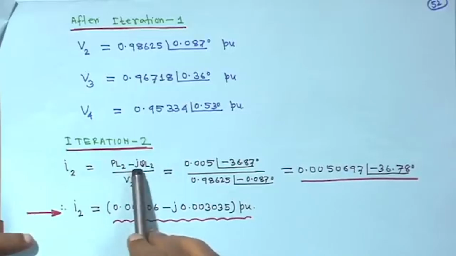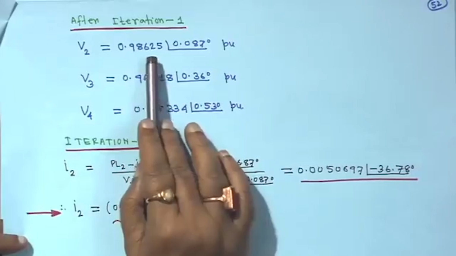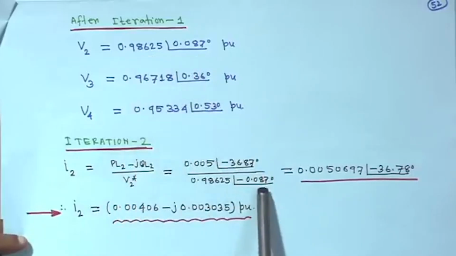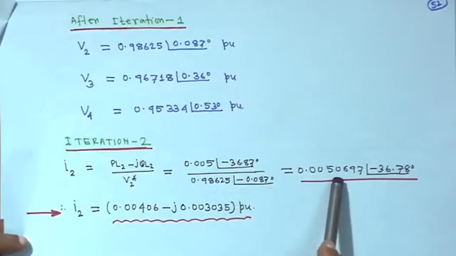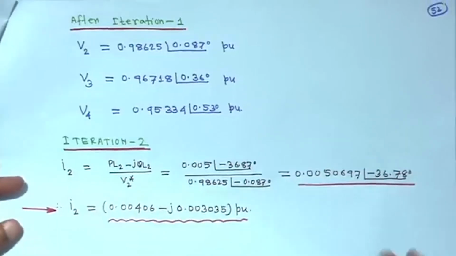PL2 and QL2 are unchanged, but V2 will be changed. V2 is this much, its conjugate will be minus 0.087 degree, I have taken that, and after simplification we get 0.00406 minus j 0.003035 per unit. This is I2 in the second iteration, right.